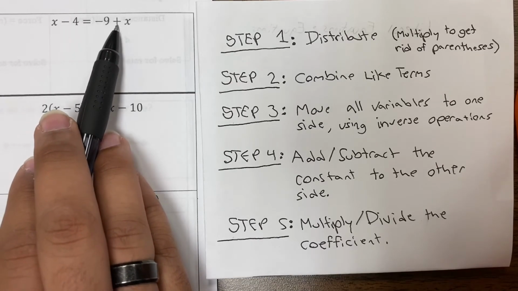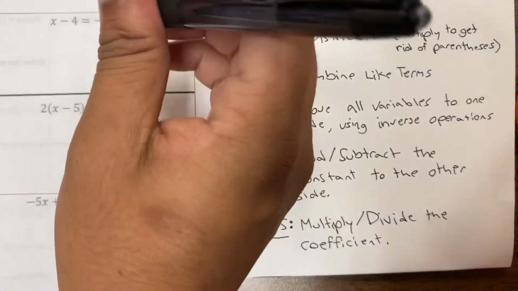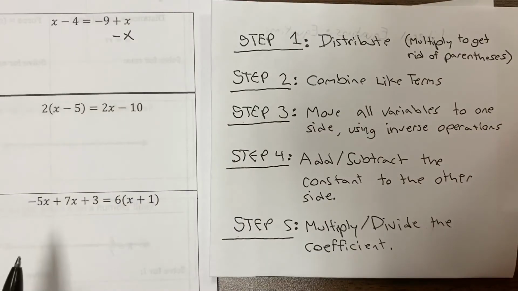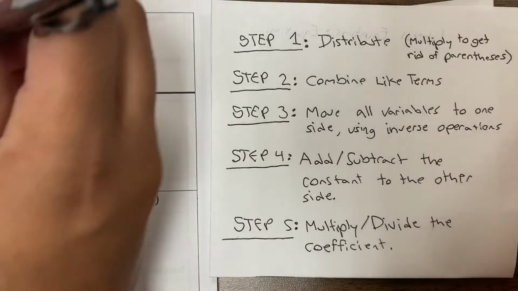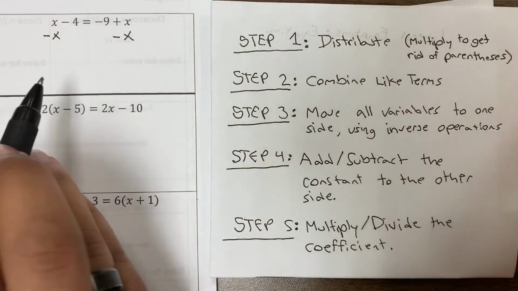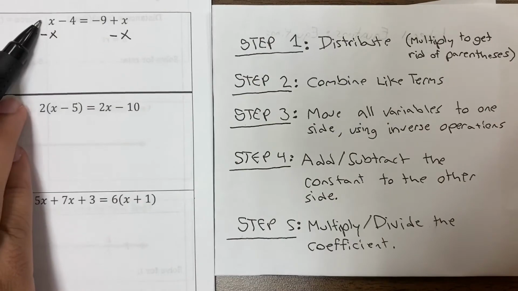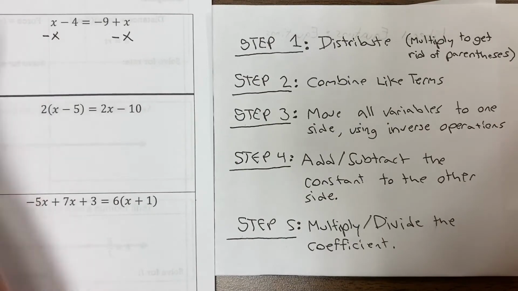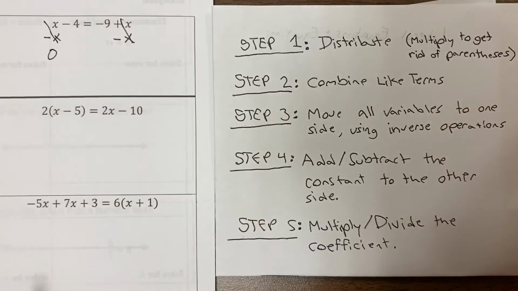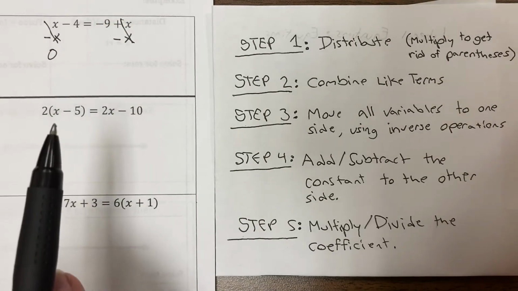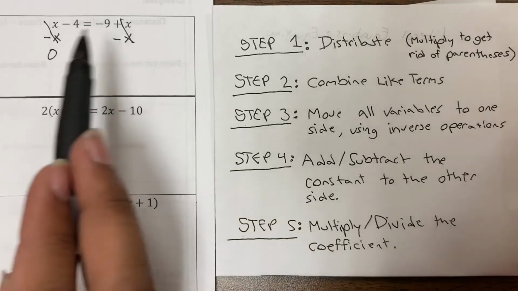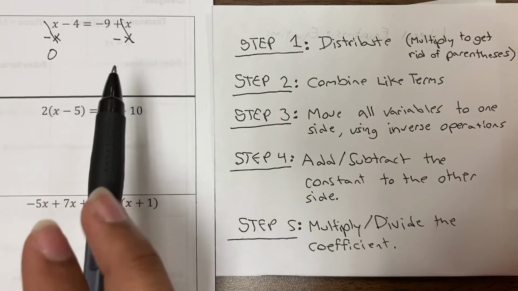So in this case, x is being added, so I'm going to do the inverse, which is subtraction. But what you do to one side, you have to do to the other. So I'm going to subtract x on both sides. So what happens here is x minus x is going to give us 0. So this right now tells me that I'm not going to have a solution because, if I get rid of x's, that means x no longer exists in this solution.